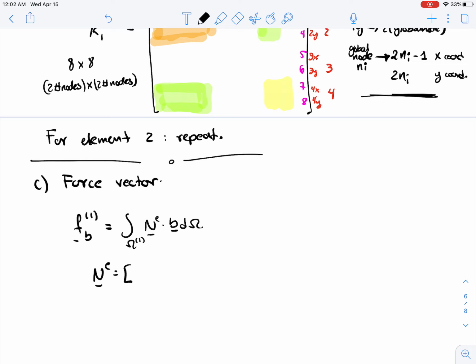But again, this vector of shape functions, well, in this case it has both the x and the y components.